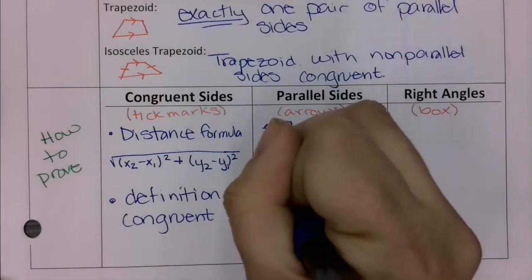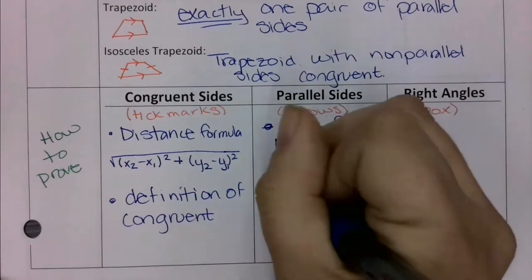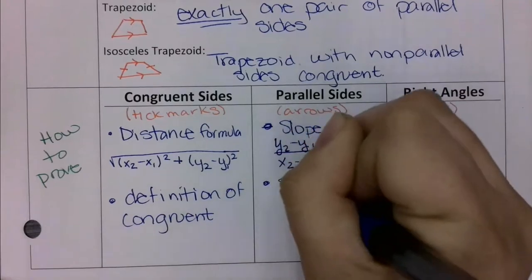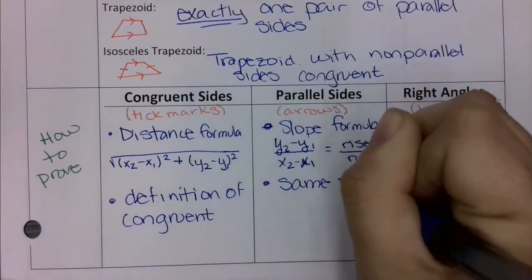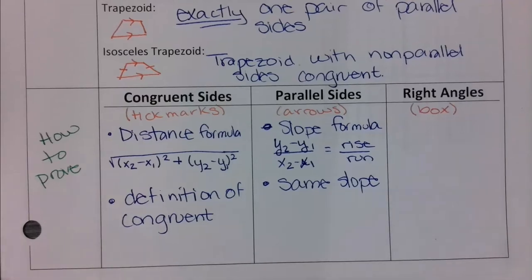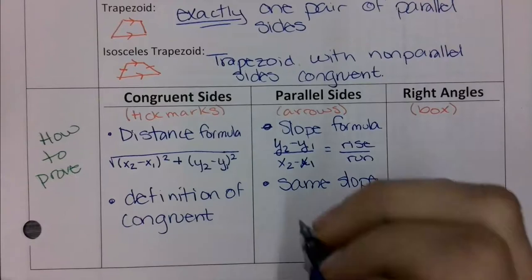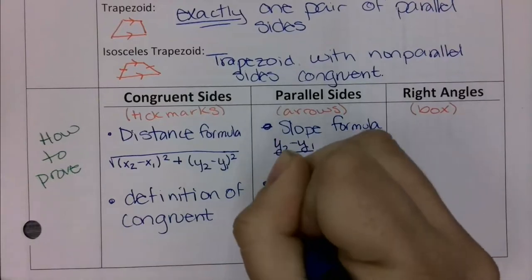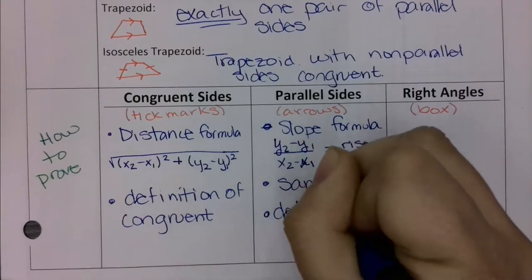Okay. So then I can also say, when I'm proving, that things have the same slope. And I can also say definition of parallel lines.